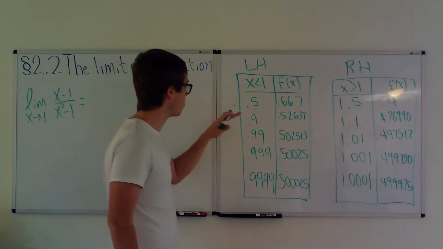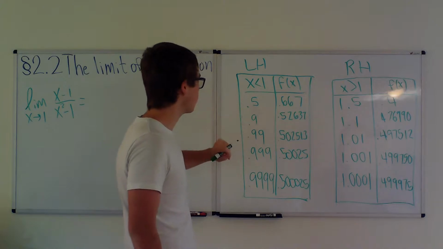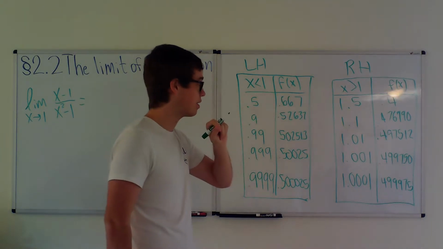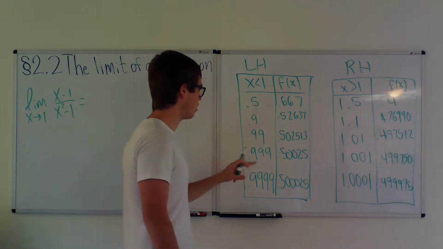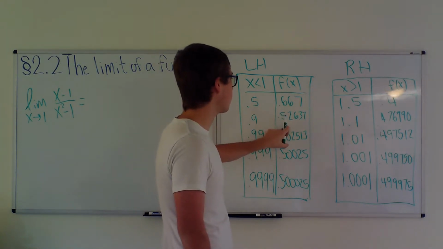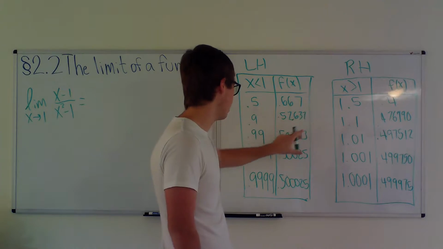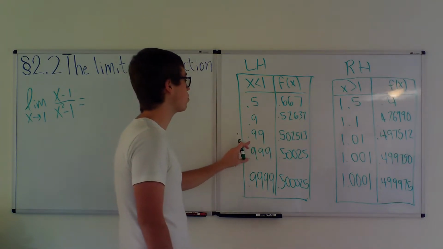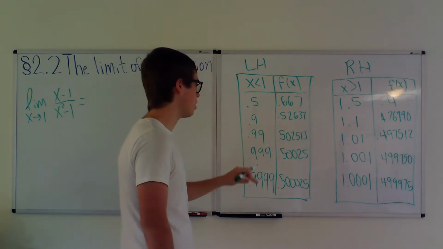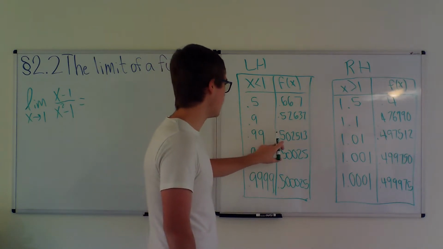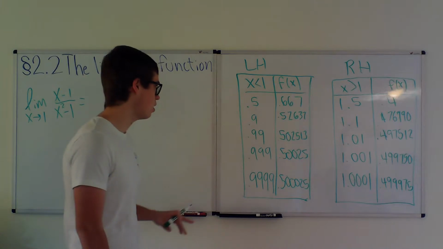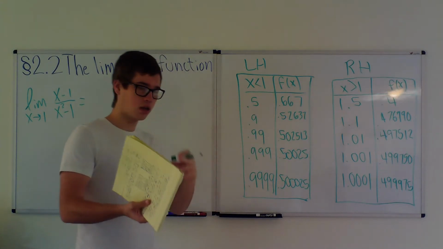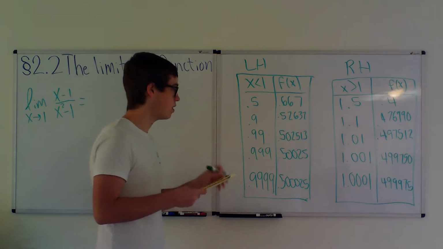So we start off with 0.5. So x equals 0.5, f of x equals 0.667. And then x equals 0.9, f of x equals 0.52637. And then x equals 0.99. We're starting to get close to 1. F of x equals 0.502513. I hope you're starting to see a pattern.